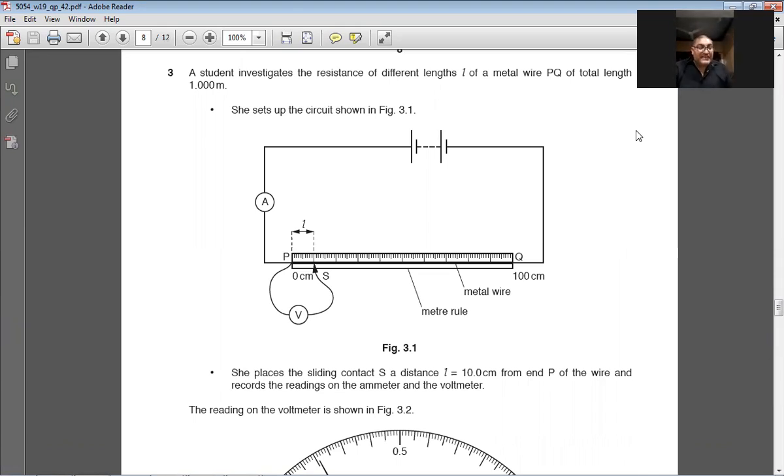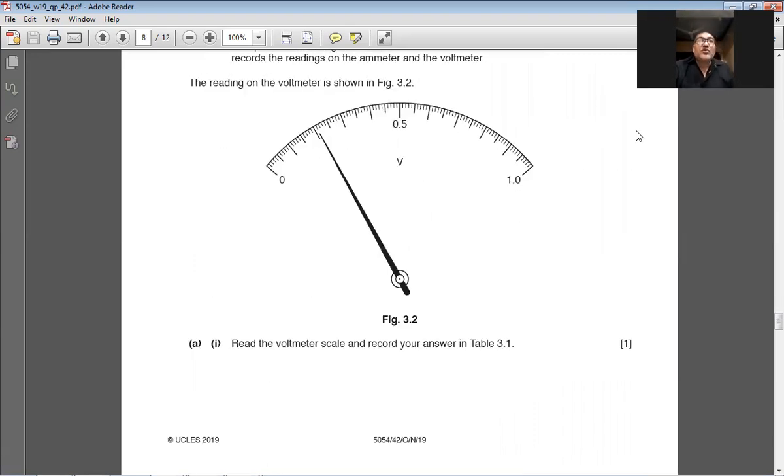She places the sliding contact S at a distance L equals 10 centimeter from the end P of the wire and records the reading on the ammeter and the voltmeter. The reading on the voltmeter is shown in figure 3.2. Read the voltmeter scale and record your answer in table 3.1.